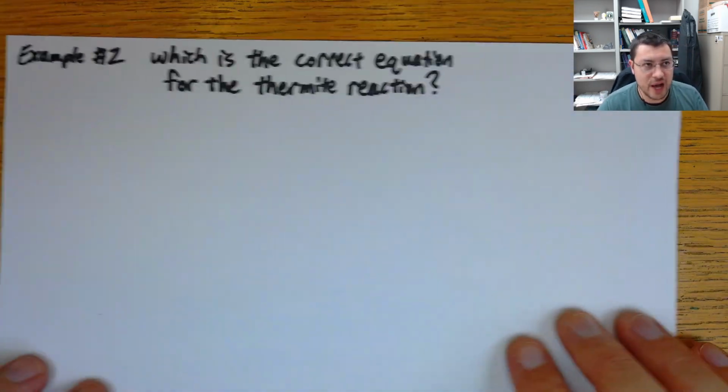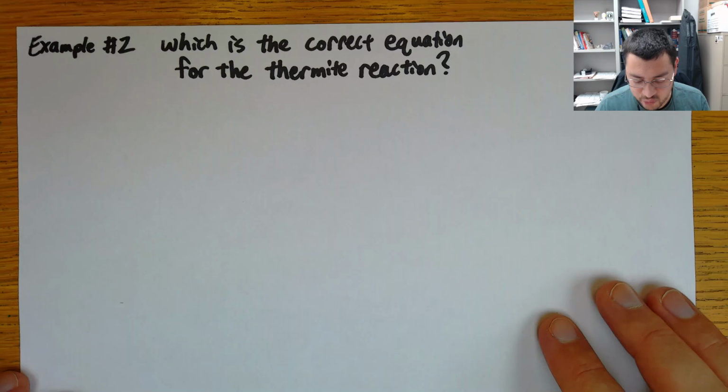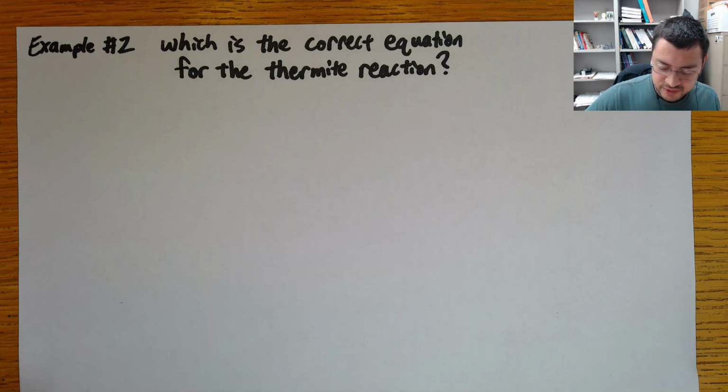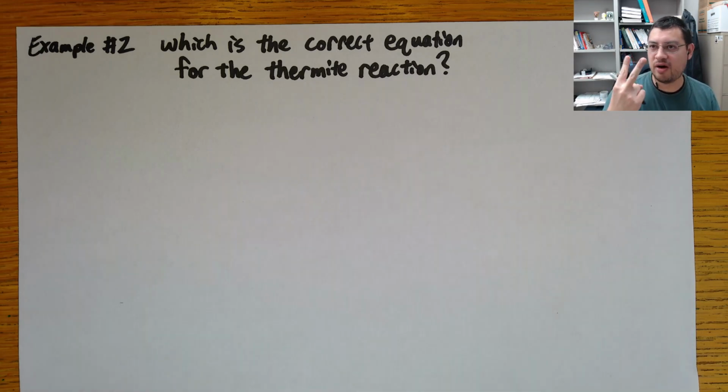Example number 2. Here's a fun one. We're not going to be in water this time. We're going to talk about the thermite reaction. Thermite involves a metal oxide of some kind. There's aluminum and iron involved, and one of the metals is an oxide.